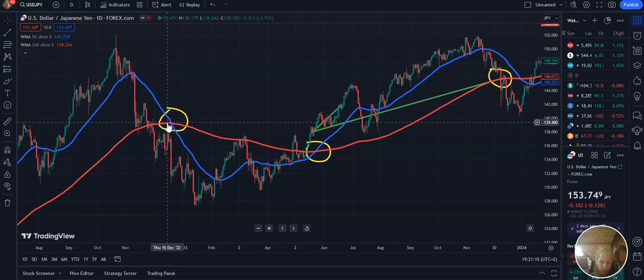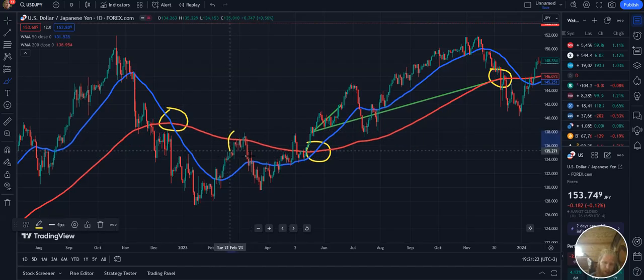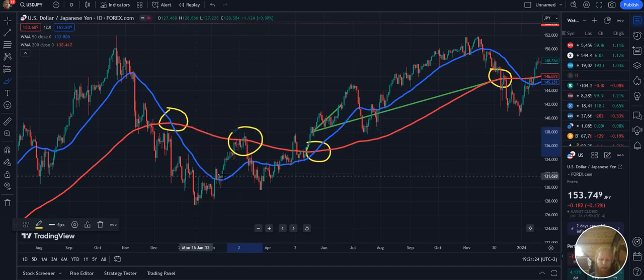You have a closing opportunity at a pretty bad place, because one of our closing opportunities is here with the dynamic exit when the price is crossing above the 200 WMA. It is not good at all.